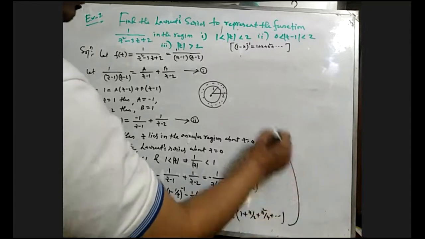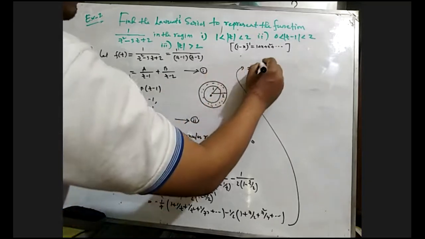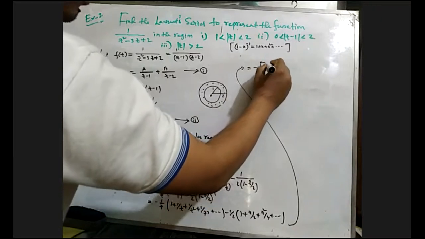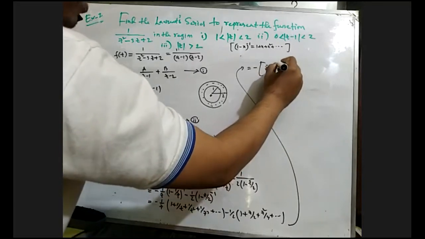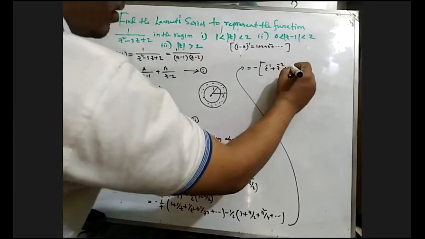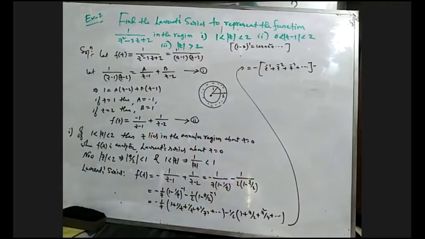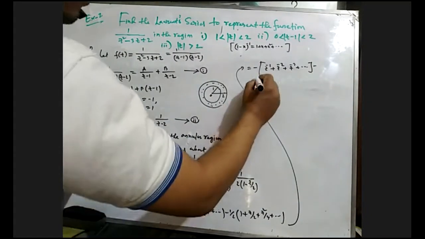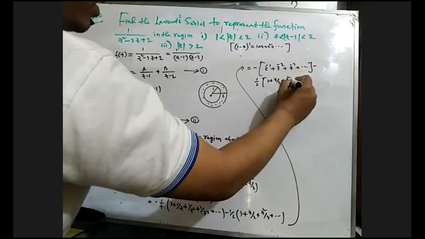So after this line, we can write this equals to, if you multiply with z, then it will become z to the power -1, and z to the power -2, and z to the power -3 plus dot dot, minus half, 1 plus z by 2 plus z square by 4 plus dot dot.